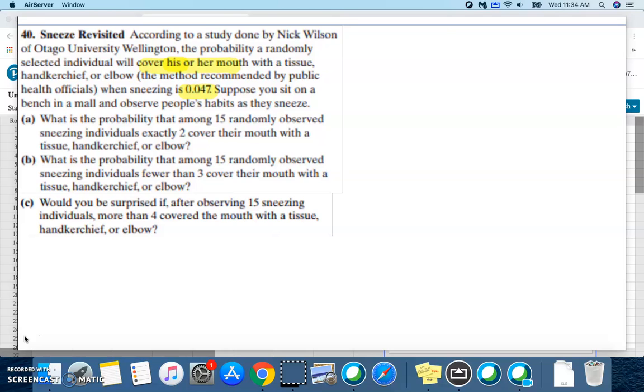First we want to know, what is the probability that among 15 randomly observed sneezing individuals, exactly 2 cover their mouth with a tissue or handkerchief. So the probability of success here, p, is going to equal 0.047, and in part A, n is going to be 15. We can assume independence, so success is they cover, failure is they don't. So what's the probability that we get exactly 2?